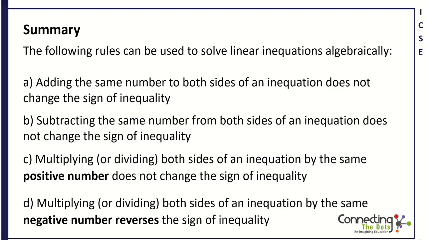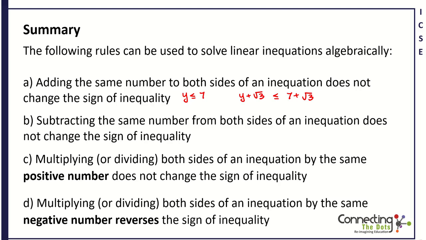We discussed four important rules that can be used to solve linear inequations algebraically. And what are they? Let's do a quick summary. Adding the same number to both sides of an inequation does not change the sign of inequality. What does that mean? Really quickly, if I have an inequation y is less than or equal to 7, adding the same positive number, let's say I add square root of 3, to both sides, the inequation does not change.